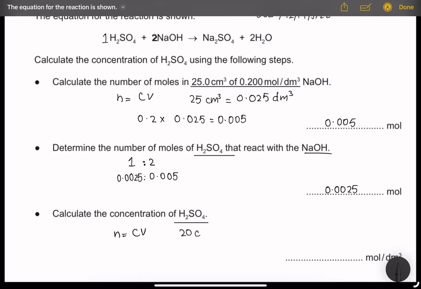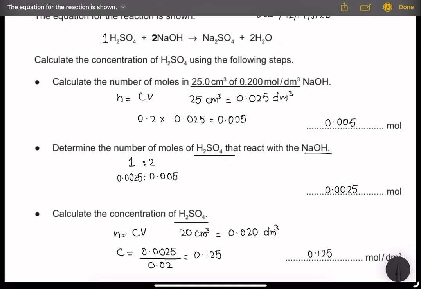We know that 20 cm cube is going to be equal to 0.020 dm cube. c is going to be n by v, n is 0.0025 divided by 0.02, which is equal to 0.125 mole per dm cube. So the concentration of H2SO4 is 0.125.